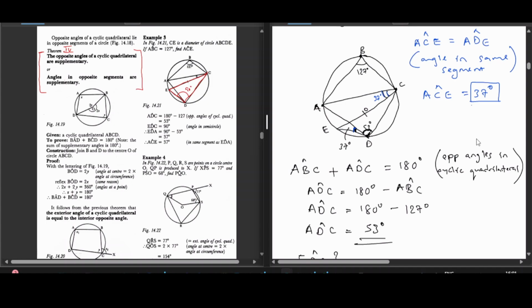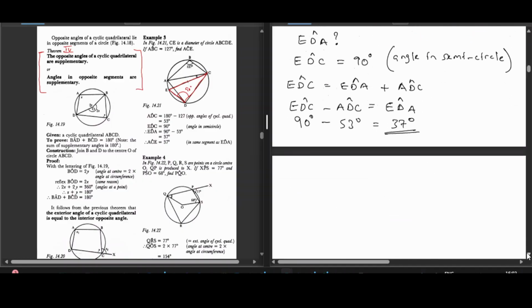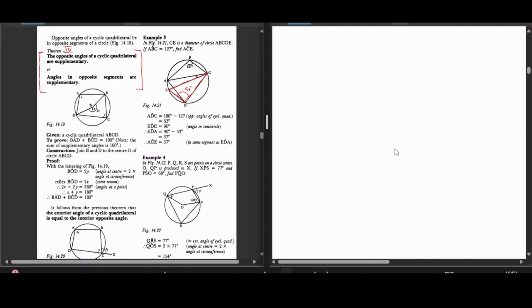We applied angle inside the semicircle, and finally we applied angles inside the same segment. So this is special. You are going to apply many things. So my advice is to just start by working with the angles you know. It's going to help. Okay.